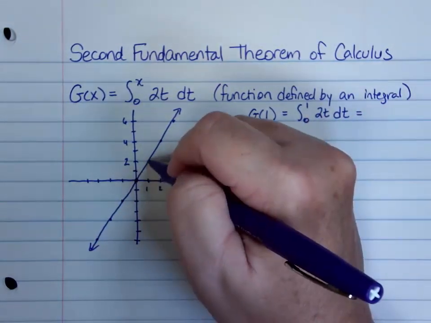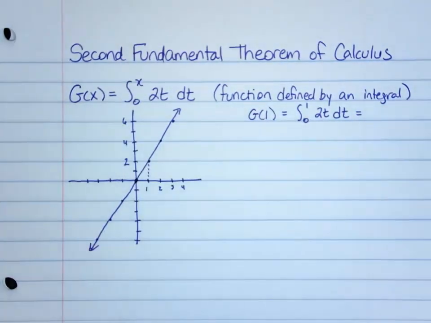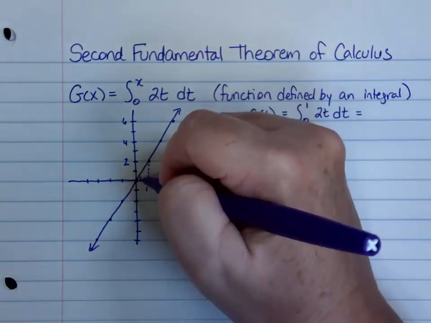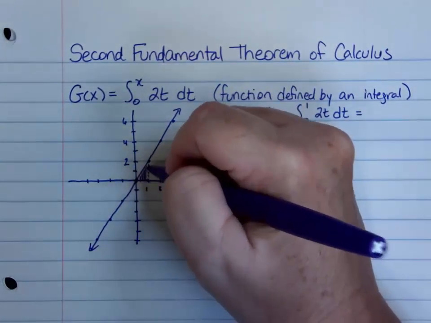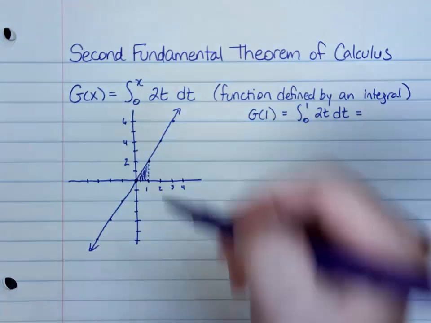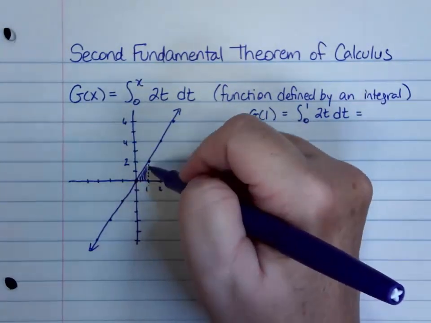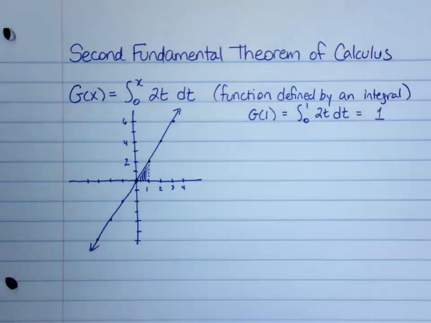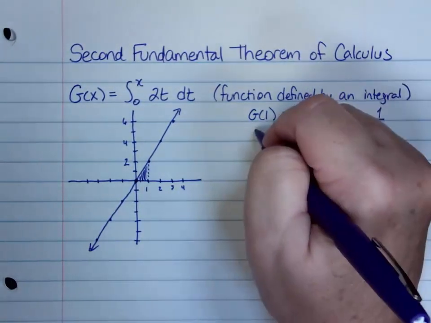So draw a dotted line down from 1. I'm going to go ahead and shade that in. Can you calculate the area of that little bitty triangle? Yes. What will it be? 1. It's going to be 1. 1/2 the base, which is 1, and the height is 2. So the answer to this, g of 1 is 1.